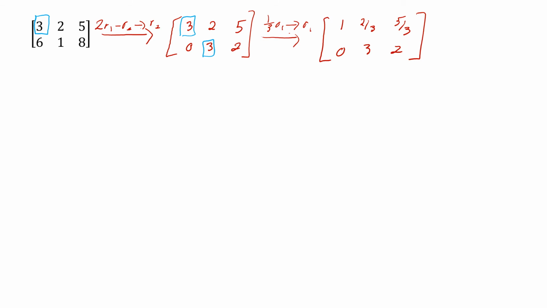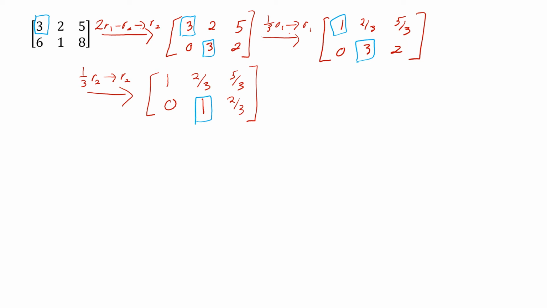Now we have one more leading entry that has to be turned into a 1. So if we do 1/3 row 2 is the new row 2, the first row stays the same. The second row becomes 0, 1, and 2 over 3.